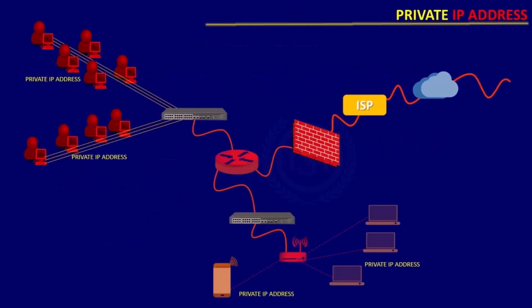And this is an example of a private IP network, in which devices have private IP addresses, in a small office or home office or even big corporate networks. You have an ISP that gives you an IP address, which has a firewall in between, and that is connected to a router. From the router you have switches, and from the switches, multiple computers are connected, all having private IP addresses.